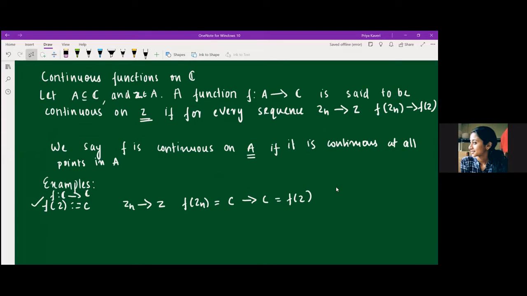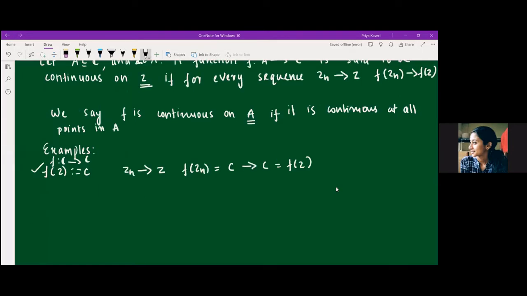Now the other example, we can take f of Z equal to Z itself. It is easy to observe that if Zn converges to Z, then f of Zn is also the sequence Zn and it converges to Z, that is f of Z. So this is also a continuous function, but we will see something more.